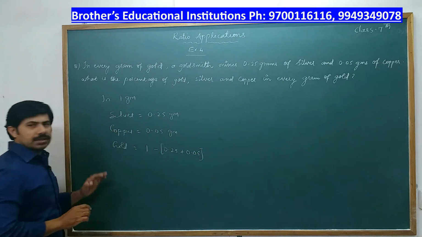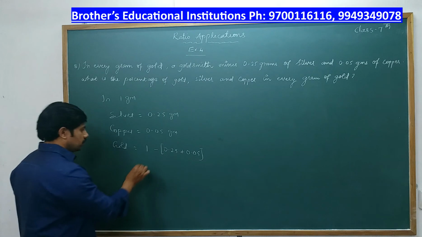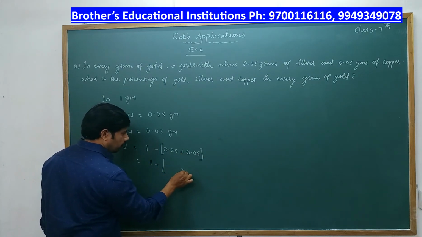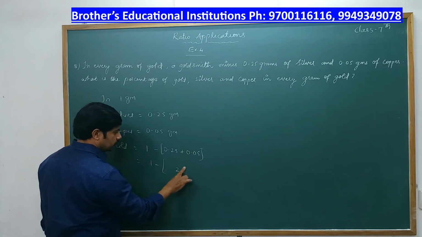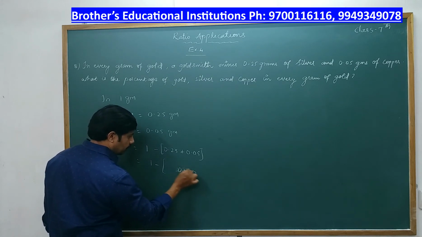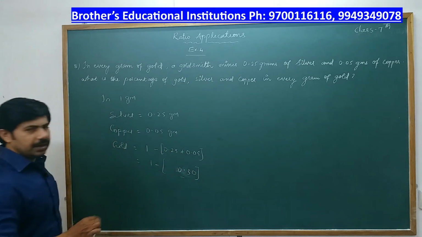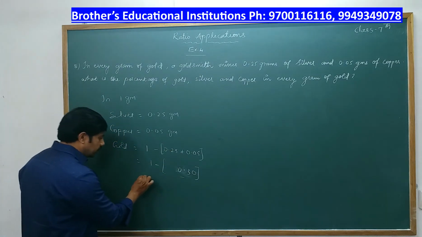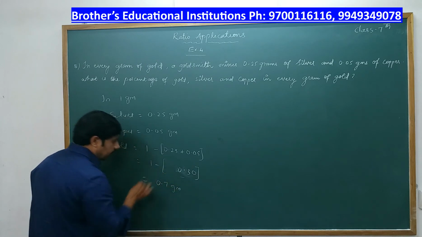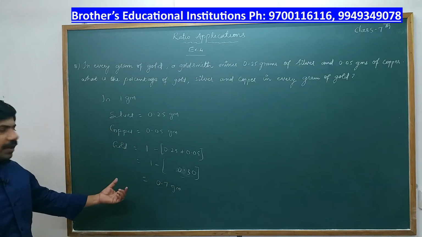Add these two and subtract from 1 to get the quantity of gold. 0.25 plus 0.05 is 0.3. So 1 minus 0.3 is 0.7 grams, right? So gold is 0.7 grams.